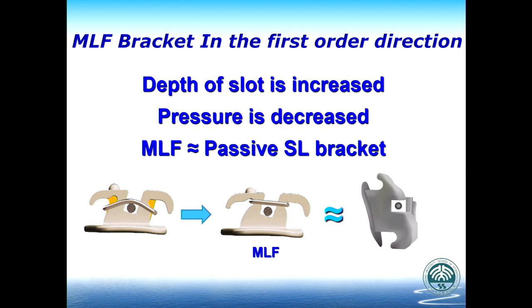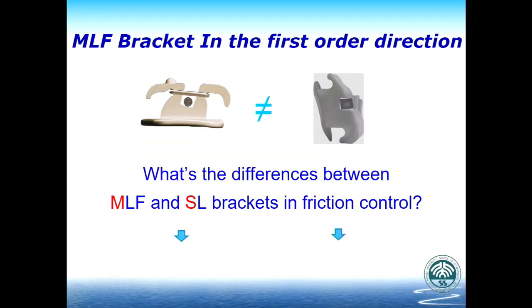In this situation, we can see MLF brackets are just like passive self-ligating brackets. But can we say MLF brackets are the same as self-ligating brackets? No, because these brackets still have wire ligatures.